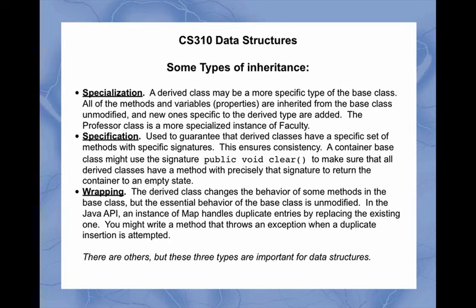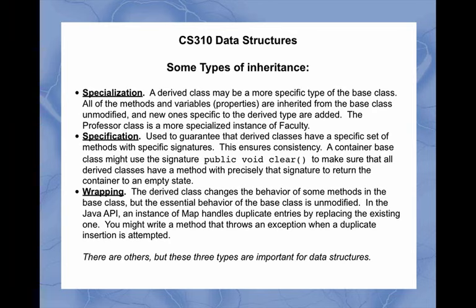So maps handle duplicate entries in different ways. That is, if we're talking about SDSU people, it's obvious that we can't have two people with exactly the same red ID. This would never work. They might have the same name, but they can't possibly have the same red ID. Each person must have a unique one.